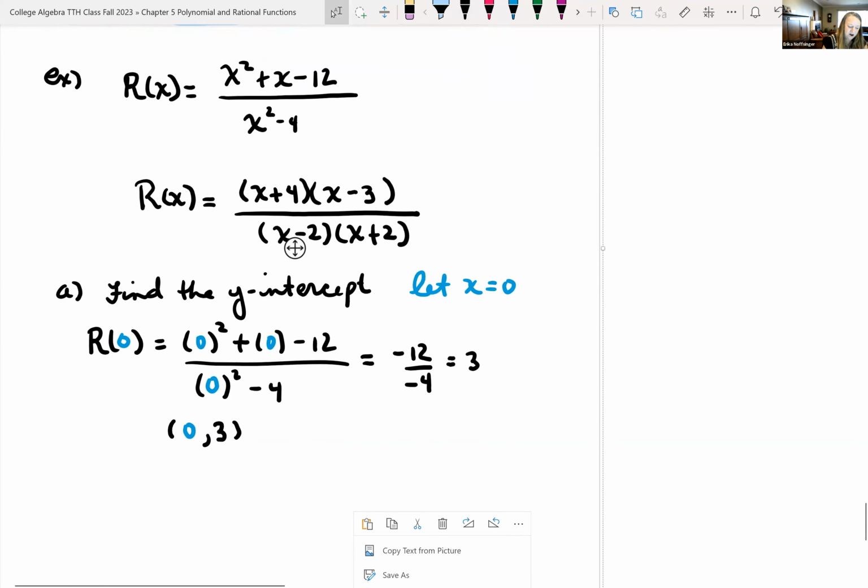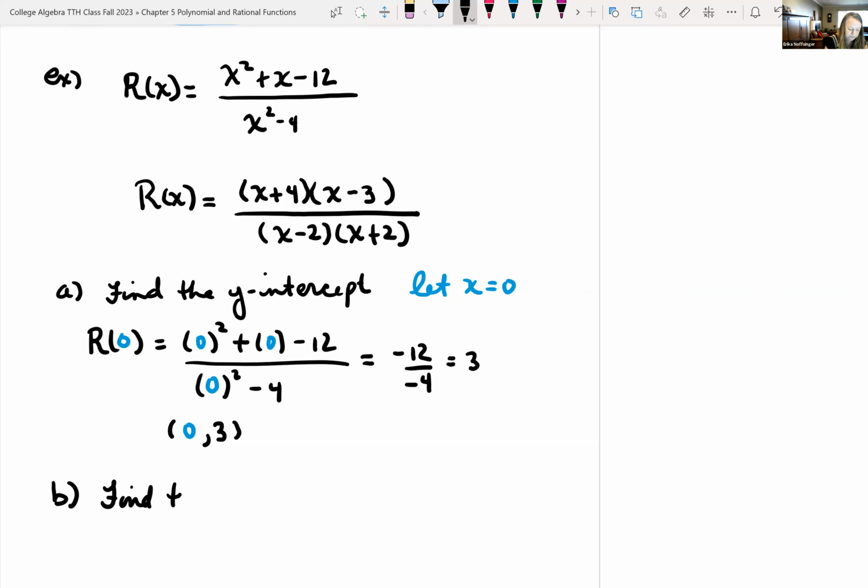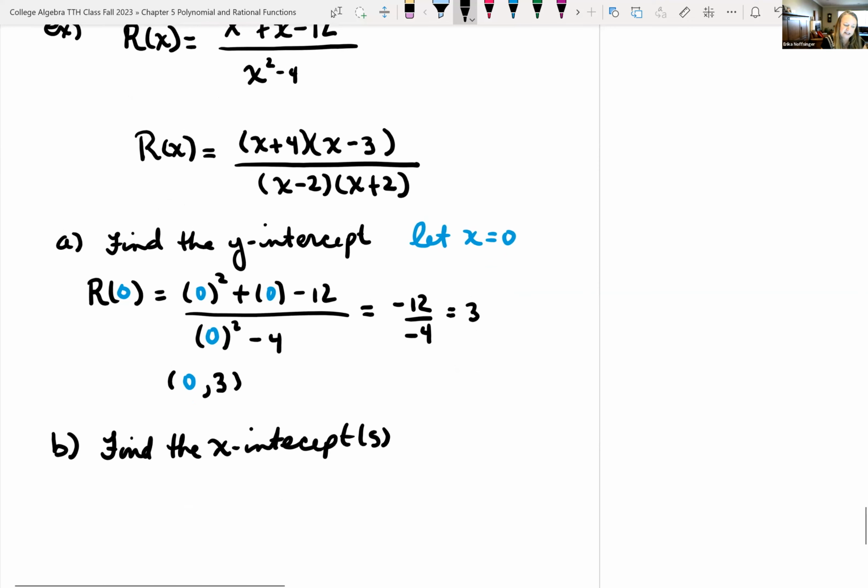To find our x-intercepts, if they exist, we're letting r of x equal 0. We're setting our y value of our function equal to 0, and we're solving for x.